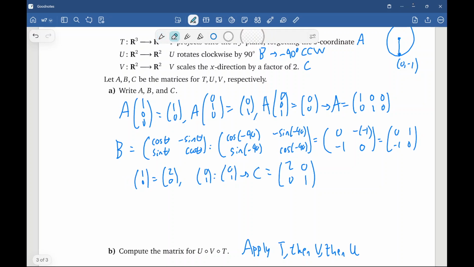I guess technically, to be the most rigorous, I should do this. It doesn't really matter.